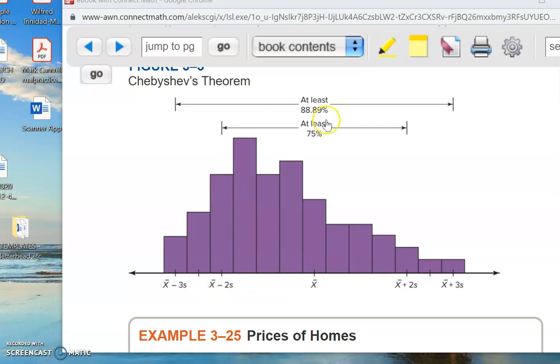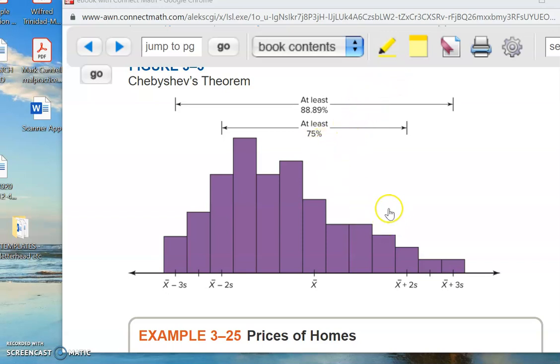At least 75% is between here and here. Similarly, x bar plus 3 standard deviations, x bar subtract 3 standard deviations. How much is between here and here? Well, there's at least 88.89%.